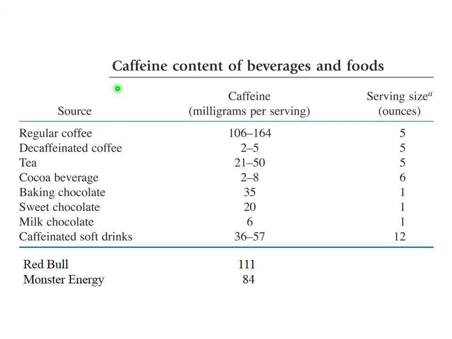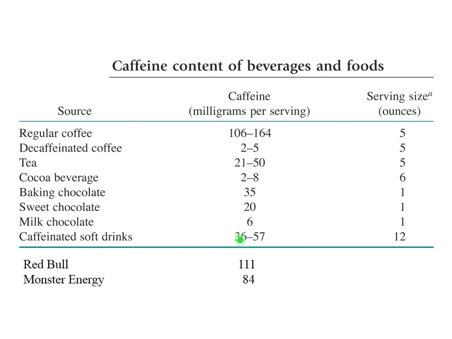Well, let's look at our problem as a part of general, as how much caffeine you can find in different places. Regular coffee, around 100 milligrams per serving. In your usual chocolate, you'll have 20-30.